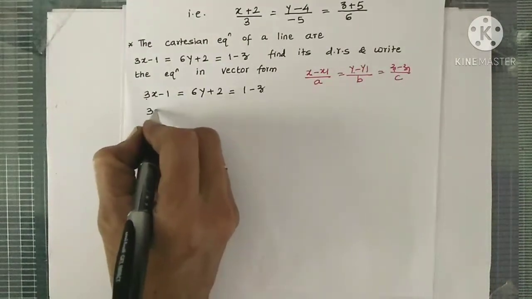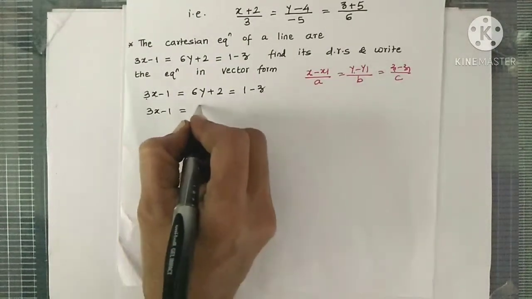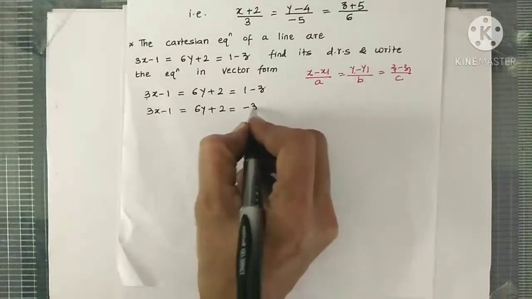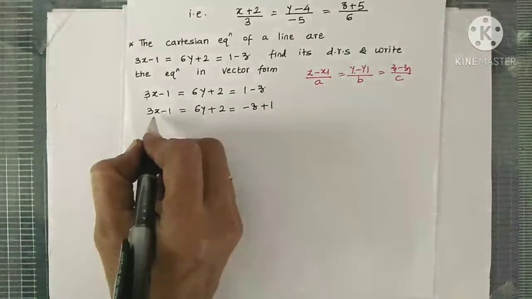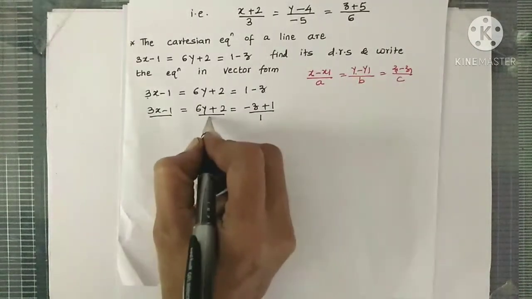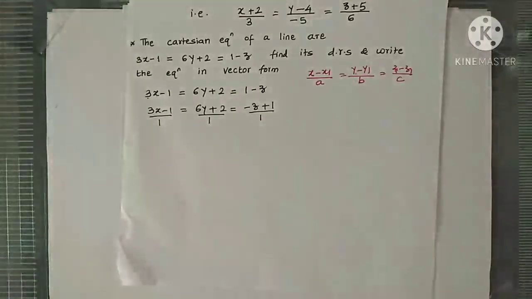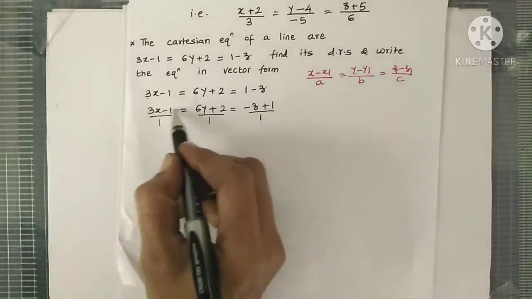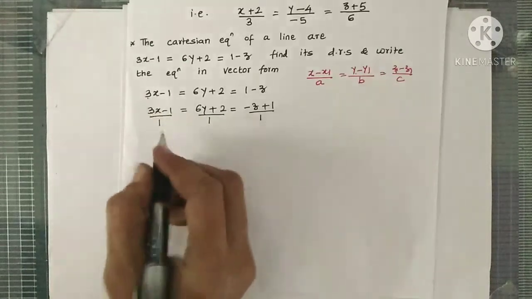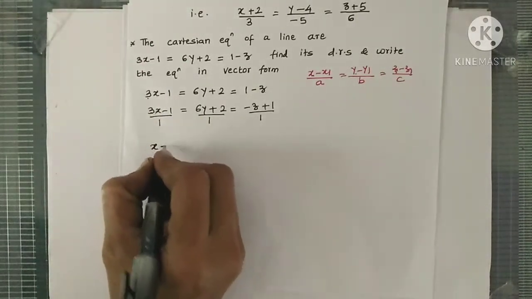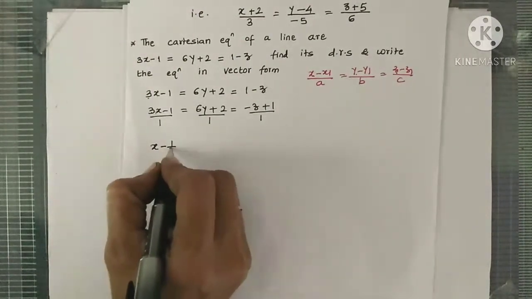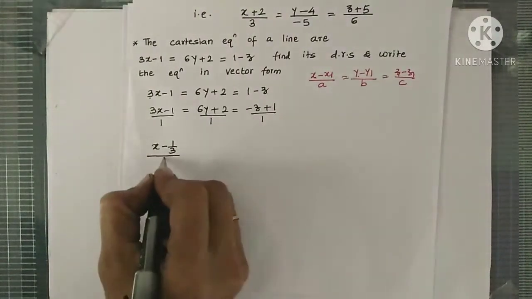So it is 3x - 1 = 6y + 2 = -z + 1. Now when we write the equation in this form, our denominator is 1. So let's divide numerator and denominator by 3 so that this coefficient becomes 1. Dividing numerator and denominator by 3, we get (x - 1/3) divided by 1/3.